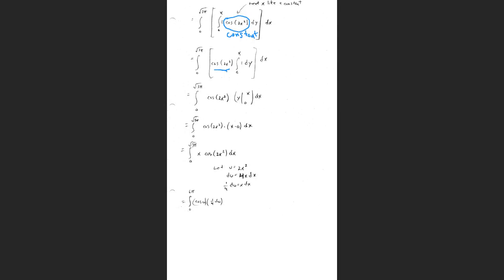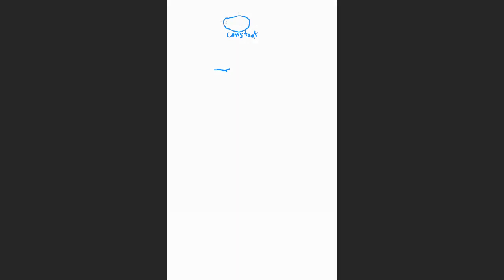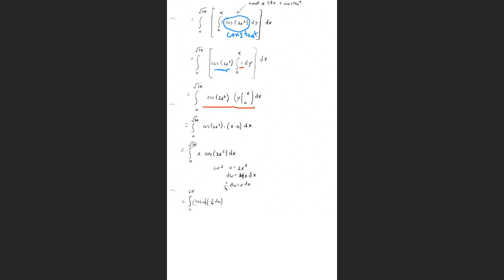That would have been fine. But I can also pull that constant function out, and then the antiderivative of 1 is just equal to y. That's going to get me down here. I'll give you a moment to catch up, but please let me know if you have any questions.